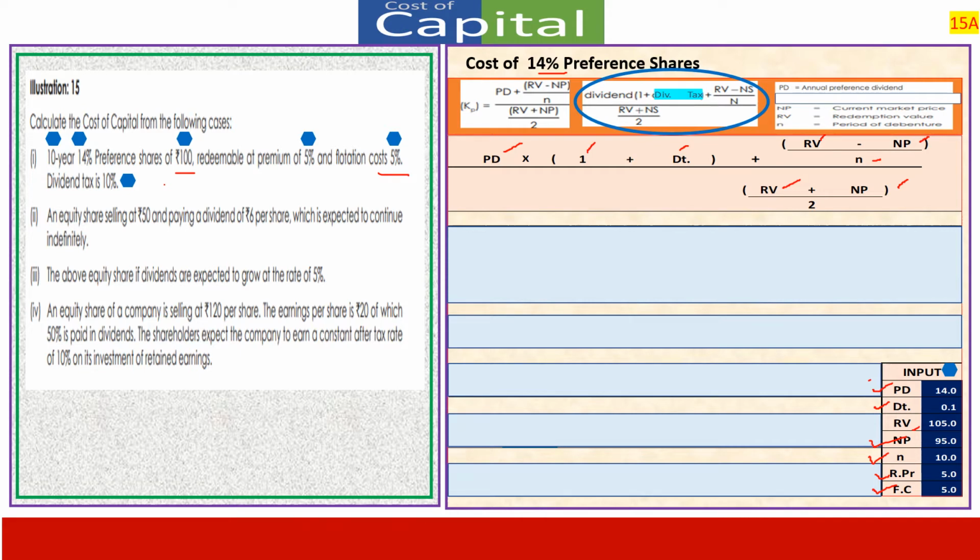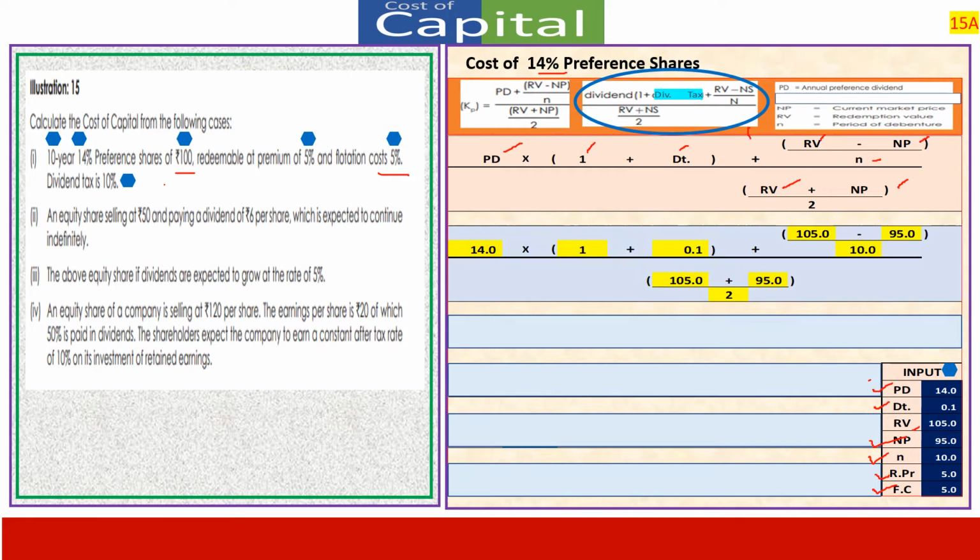Now taking this equation, we are moving ahead. Preference dividend is 14, 1 plus tax, dividend tax is 0.1, that is 10%. NP is 95, redemption with premium of 5 is 105, duration is 10 years. Redemption price plus net proceeds divided by 2.